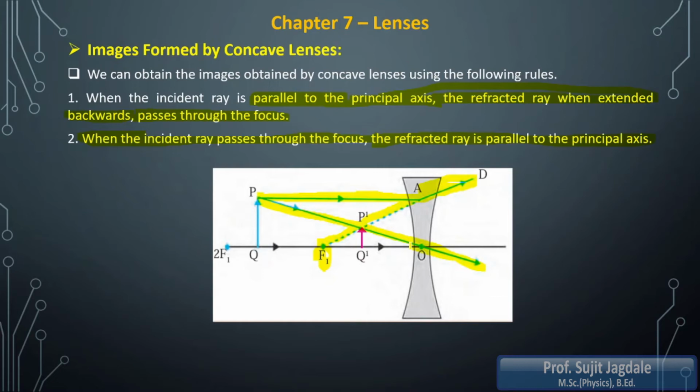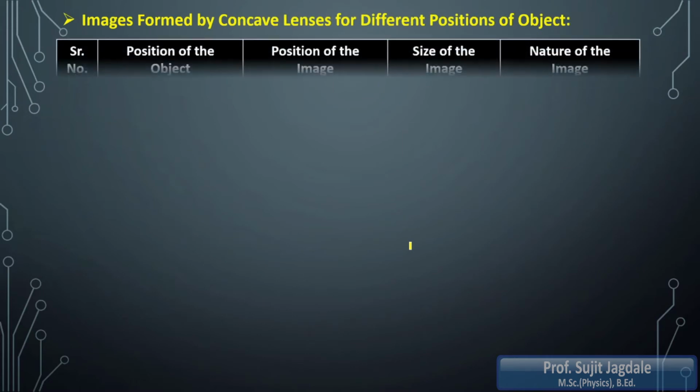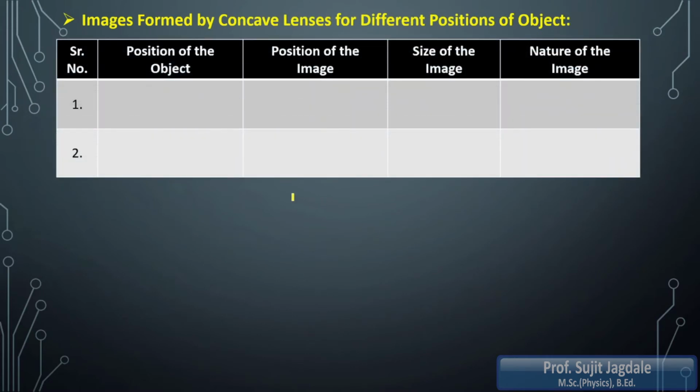So these are the rules we will follow while considering the images formed by concave lenses. Now we have to consider different positions of the object, and accordingly what the position of the image will be, the size of the image, and the nature of the image. We have to consider all these facts.